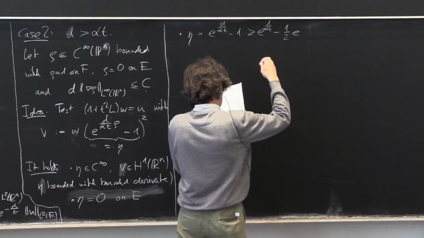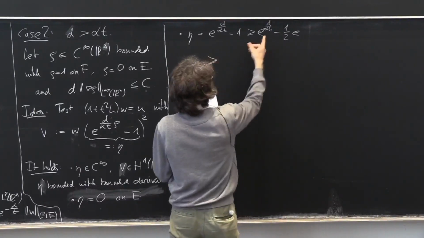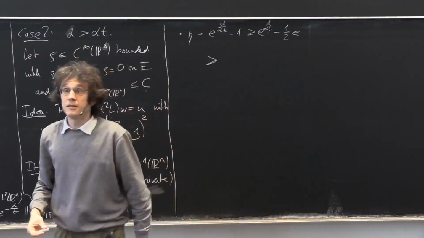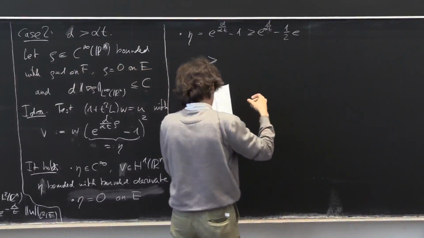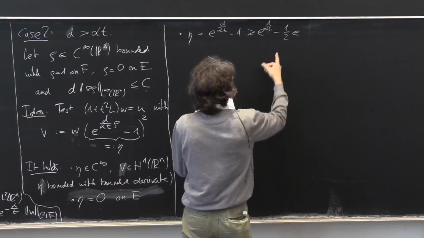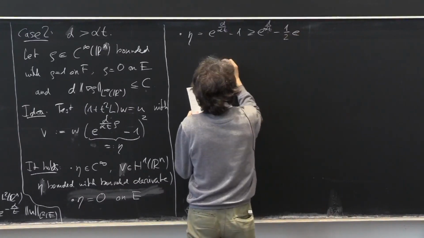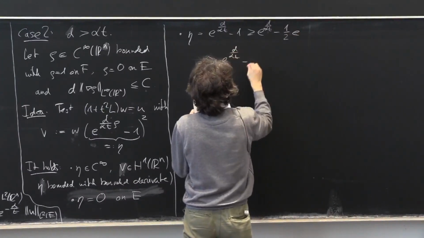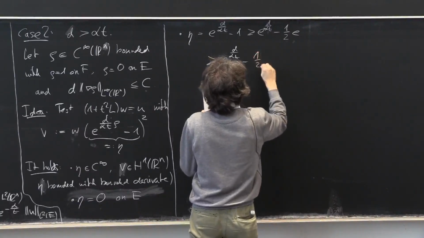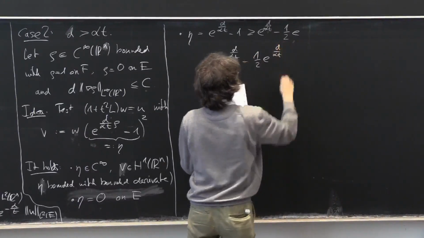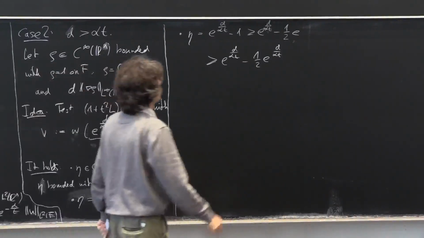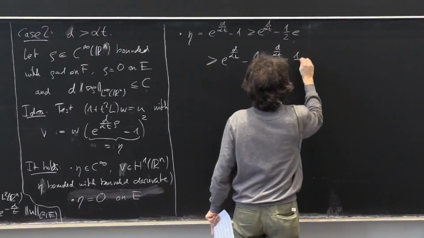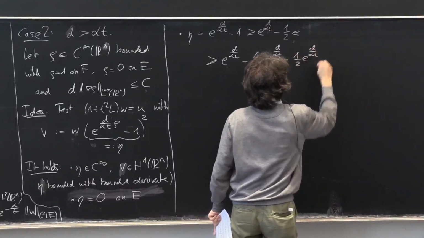And then we use that this exponent is greater than 1. So I can put it here. So e to the d alpha t. I even subtract more if I put the same exponent here, because this exponent is greater than 1. So this is subtracting more, so making things more negative. Okay, but this is just 1/2 e to the d over alpha t.